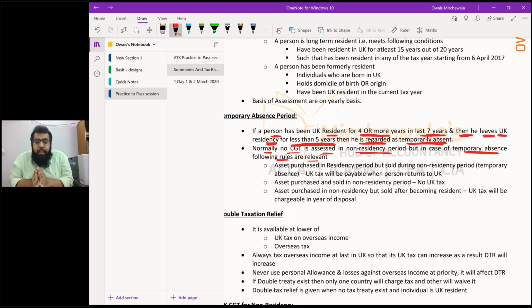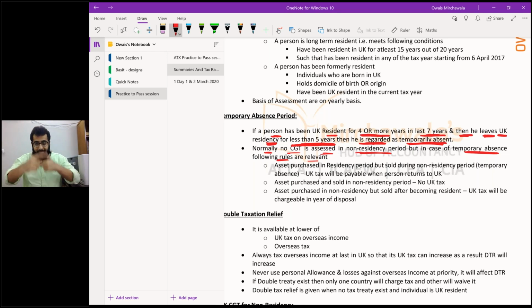If you leave UK for less than 5 years, then what happens? The rule is very simple. The assets which you owned while being resident but sold during non-residency will be subject to CGT when you return back to UK.